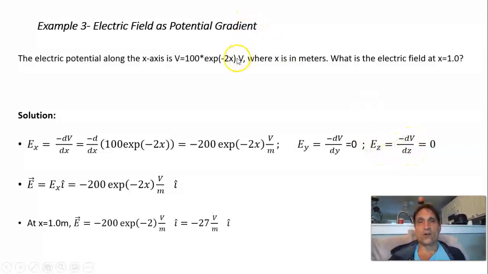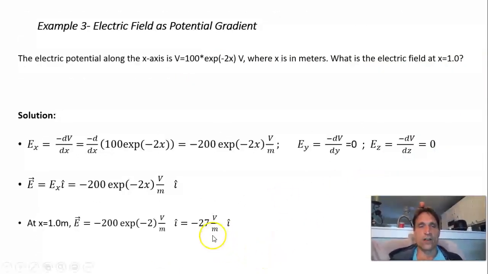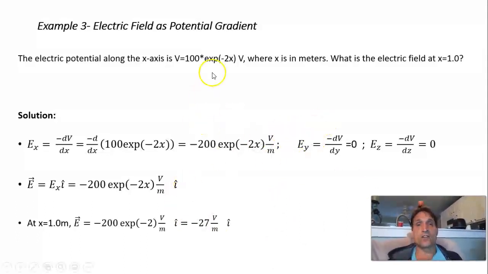Once again, there's no z dependence of the voltage, so dV/dz is 0, and the electric field only has a component along the x direction. In other words, E points in the negative x direction, and its magnitude is 27 volts per meter. So this is how you get the electric field if we know the mathematical equation for the potential.